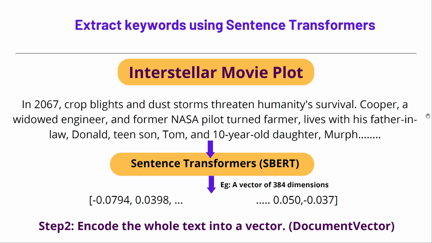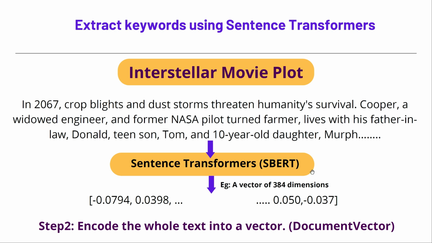And step two would be converting the whole text into a vector. So the whole text or document, or in our case the movie plot, you can take the whole document and use the sentence transformers library SBERT and convert this into a single vector of, let's say, 384 dimensions or 768 dimensions, etc. The dimensions depend on the exact sentence transformer model that you choose from SBERT.